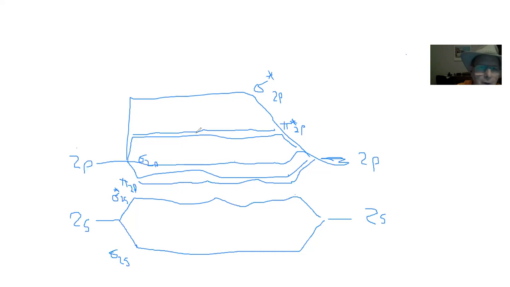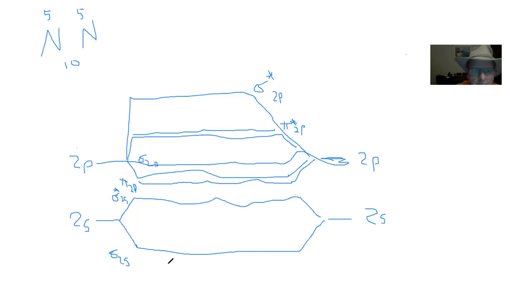Okay? So if I have, say, 2 nitrogens, this has 5 electrons. This has 5 electrons, right? For a total of 10. Each of the nitrogens has 5 electrons.